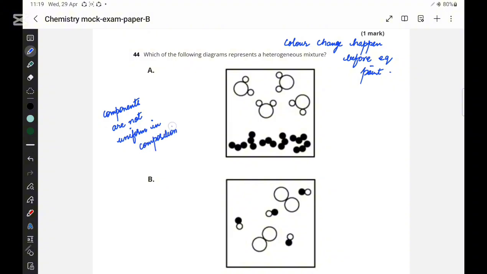They are not uniform in composition. So you can say option A, in which components are not uniformly mixed, they are not evenly distributed. So you can see that option A is going to be the right one.